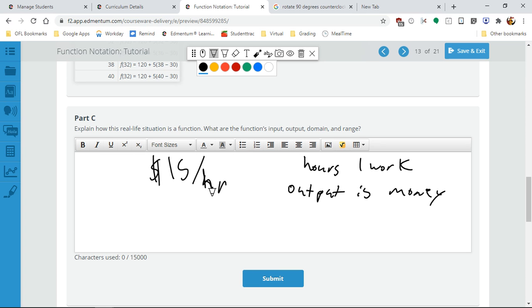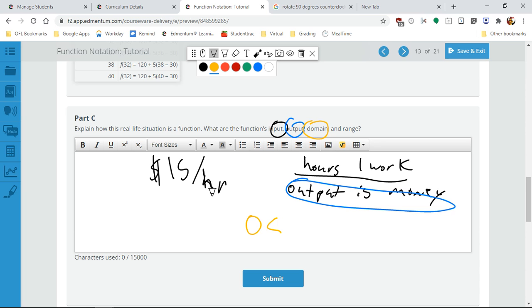So my domain, my input, I said, was the hours I work. My output, in this case, is money. And what's my domain? Well, H has to be greater than or equal to 0, because if I don't work, I just don't get money.